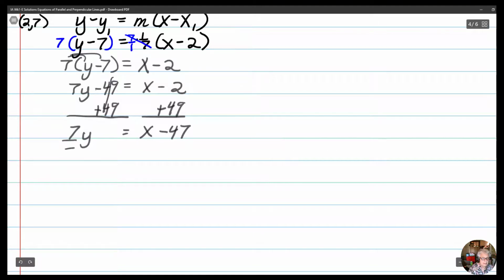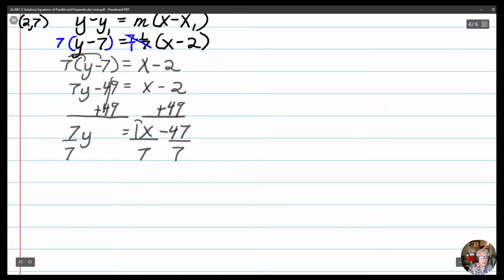Then divide by 7. I forgot to do something. Look at this. There's a 1 in front of the x. I need to put a number in front of the x. I forgot to write the 1 since there's not another number there.